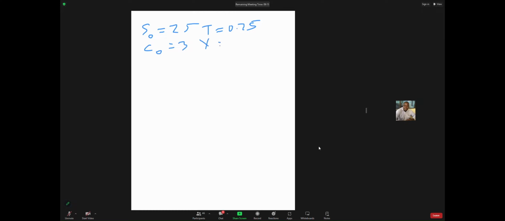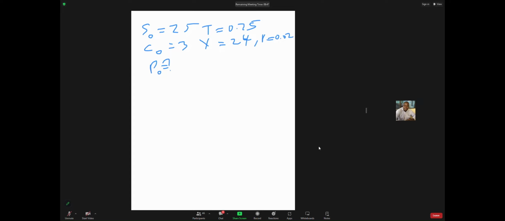Exercise is 24. Risk-free rate R is 0.02, which is 2%. What is the price of PO? What is the price of the European put?